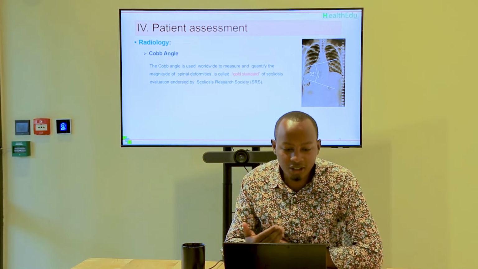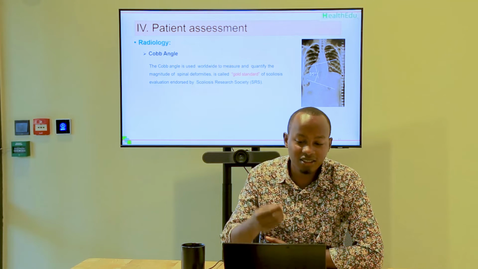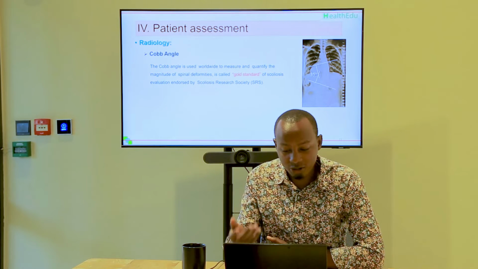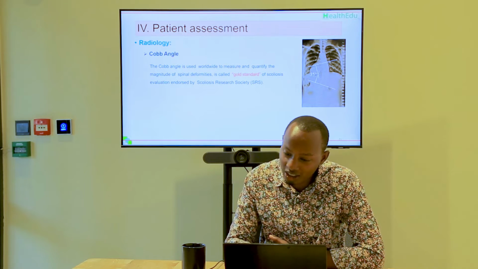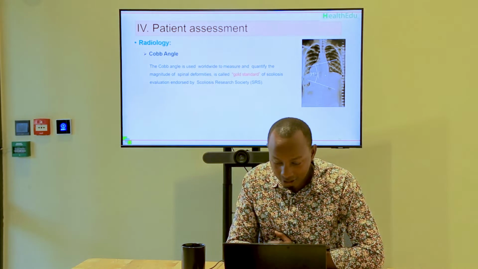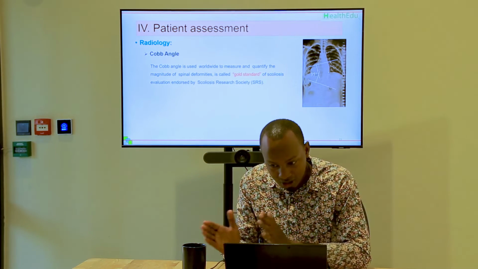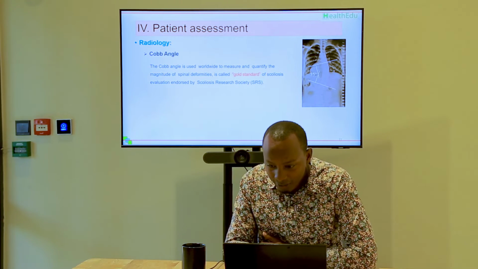So how do we measure the angulation? Most of the time we use the Cobb angle. This is the gold standard and it has been proved in many studies. So how do we do it? First, we have to identify the apical vertebra. I will explain later, but before that, the apical vertebra is the most displaced and least tilted vertebra.